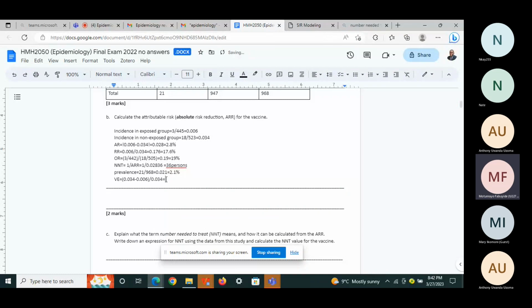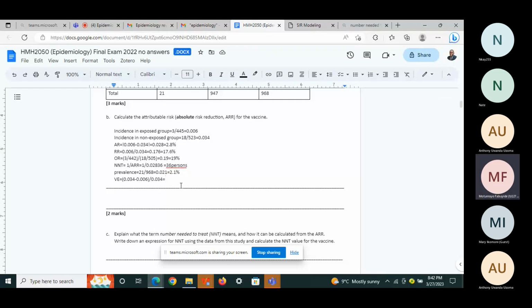Can I just say something, please, if you don't mind? Yes. While that formula is okay and it stands, there's a shorter one. Once you get your relative risk, just do one minus relative risk, and you've gotten your vaccine efficacy. So 1 minus RR will give us our vaccine efficacy, right?